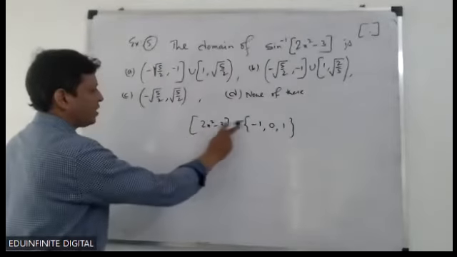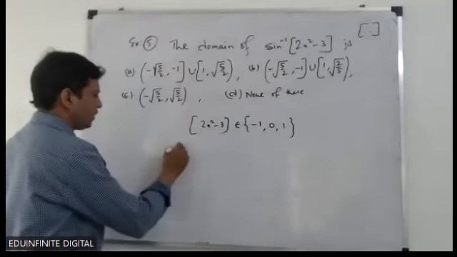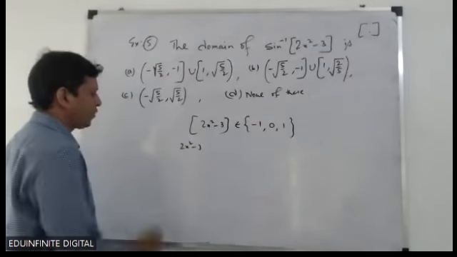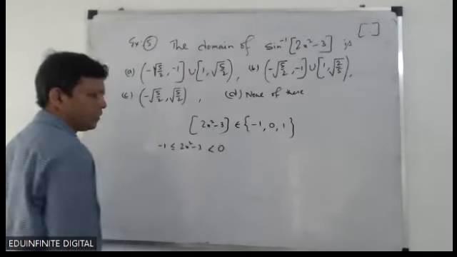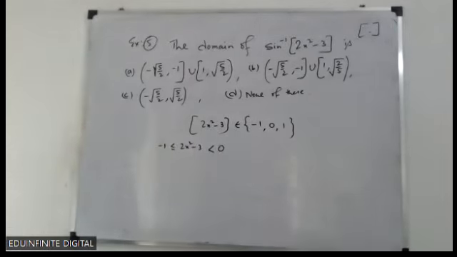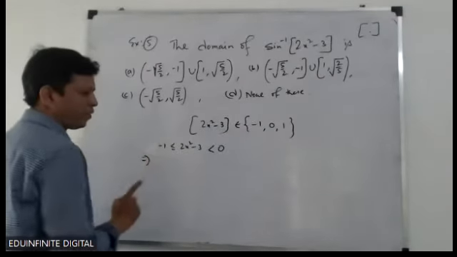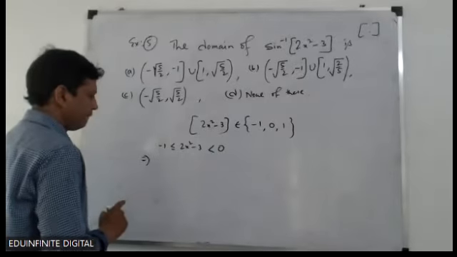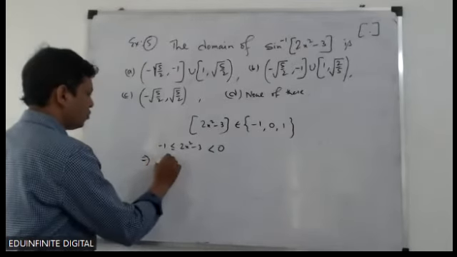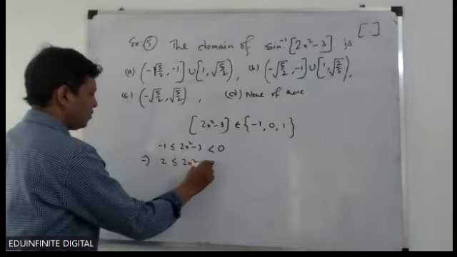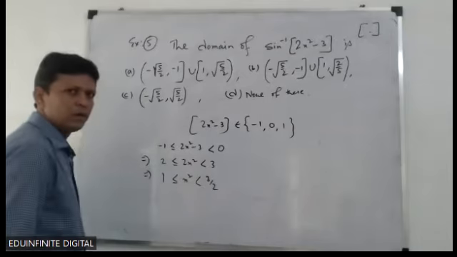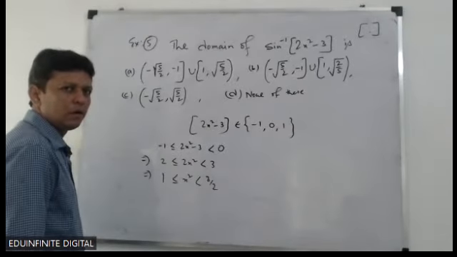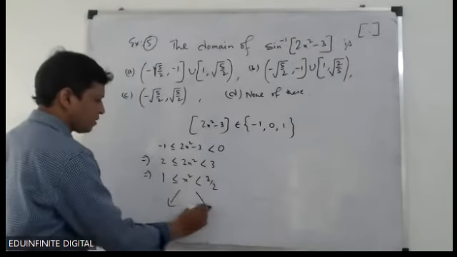Okay, how to check? 2x square minus 3 is minus 1, suppose. Then 2x square minus 3. Correct? Right? If I am correct, Ishan. So it's 2. From here you can get the intervals.